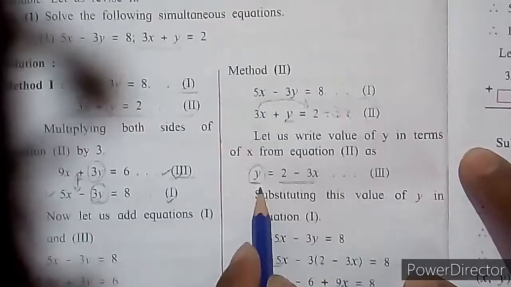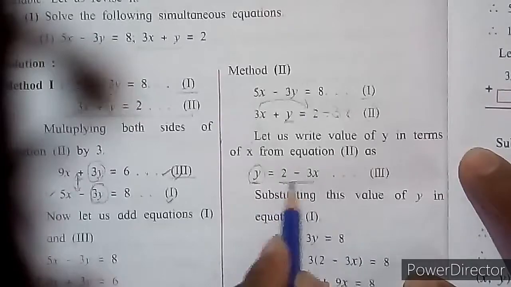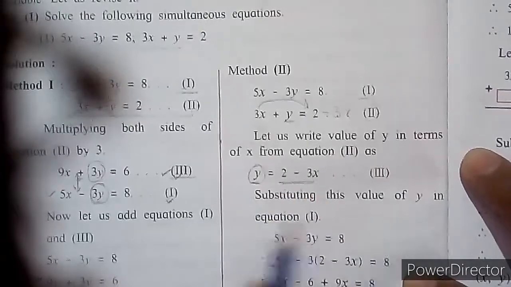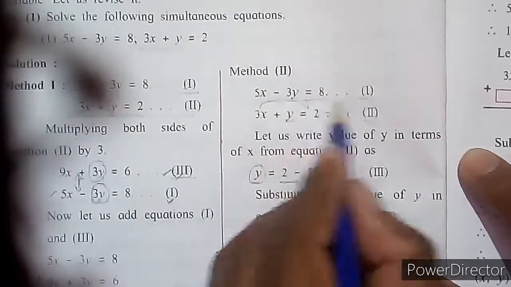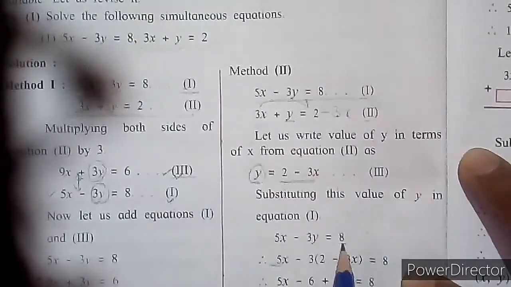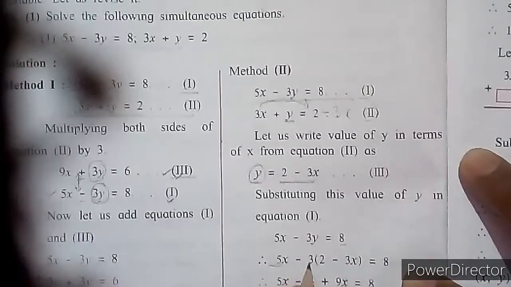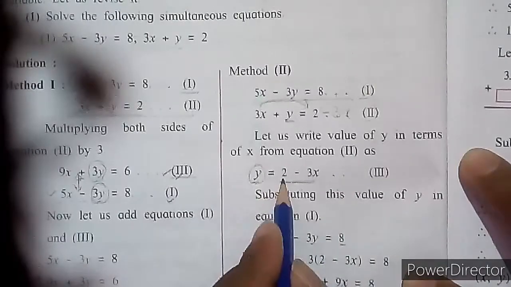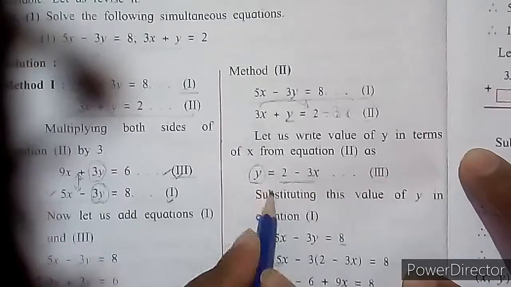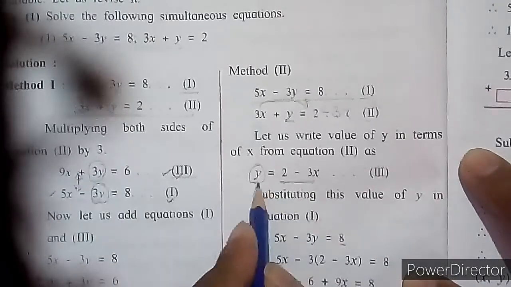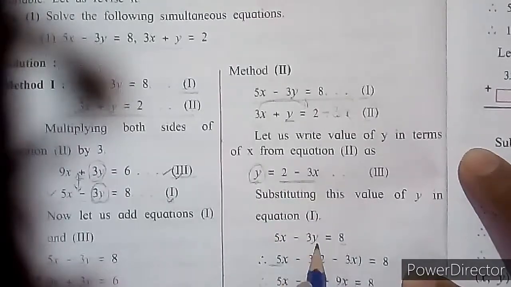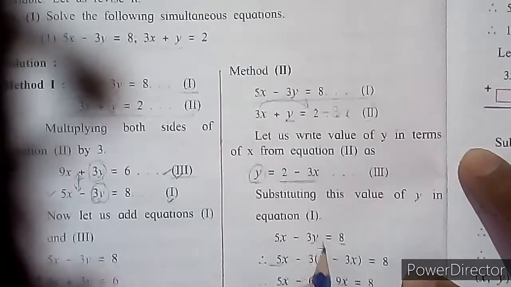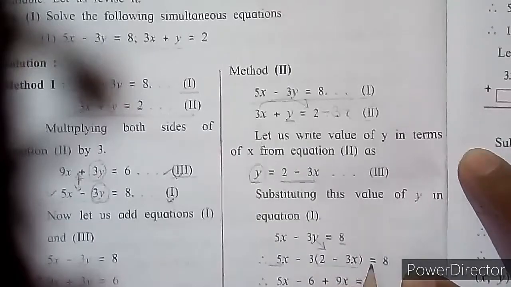Now by substituting the value of y, that is 2 minus 3x, in equation 1, write down equation 1, that is 5x minus 3y equals to 8. Now 5x minus 3, and where there is y, we put 2 minus 3x, equals as it is, and 8 also as it is.